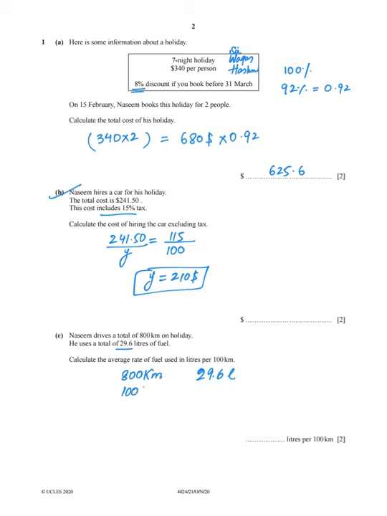So if he is traveling 100 kilometers, how many liters is he going to use? You need to do the cross multiplication. So that will be 800x equals 29.6 multiplied by 100. By solving, you will get x equals 3.7. So that means it's 3.7 liters per 100 kilometers.